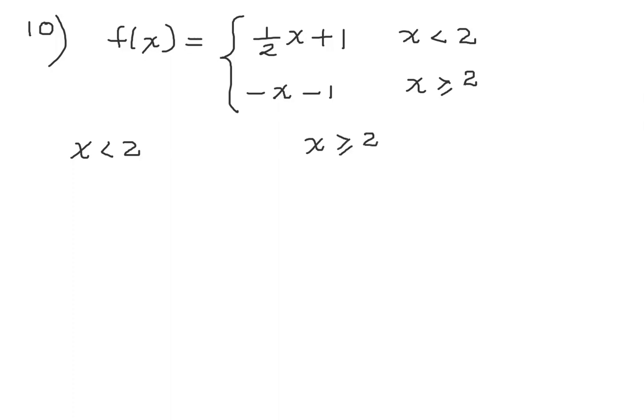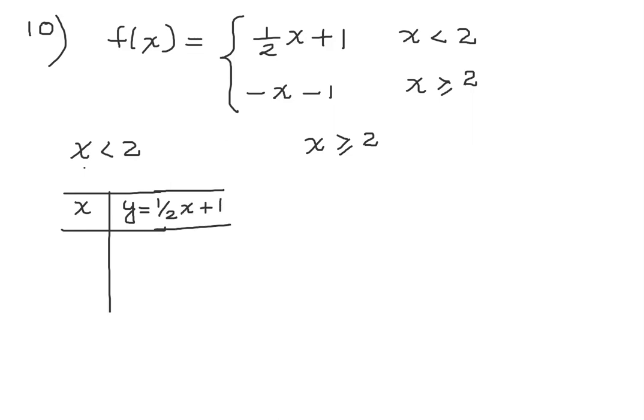So let's make the table. So we have to plug in x value, and here what is y? y is for the x less than 2. y is given as 1/2 x plus 1. So we're going to plug in whatever the number we choose. We are using the first condition. So let's say less than 2.